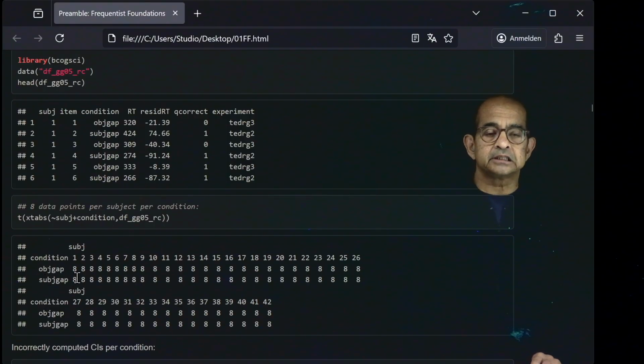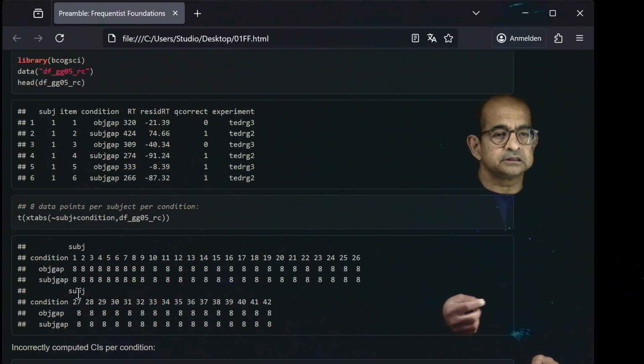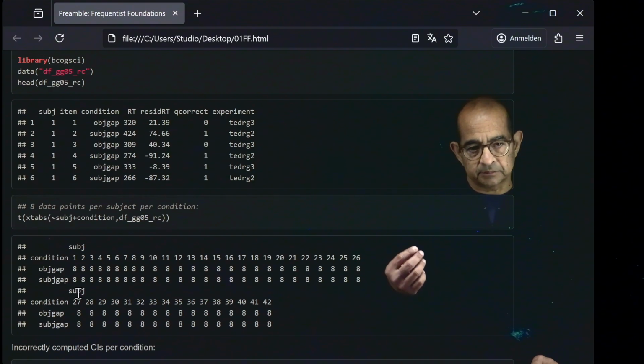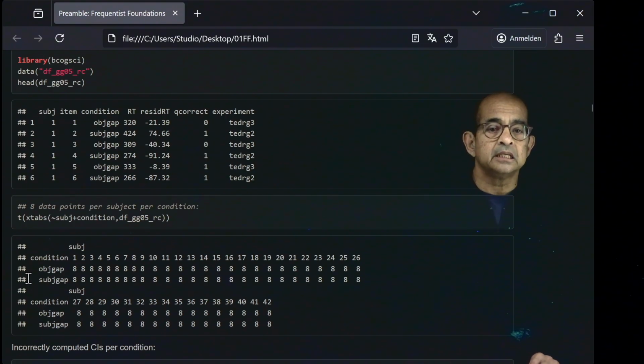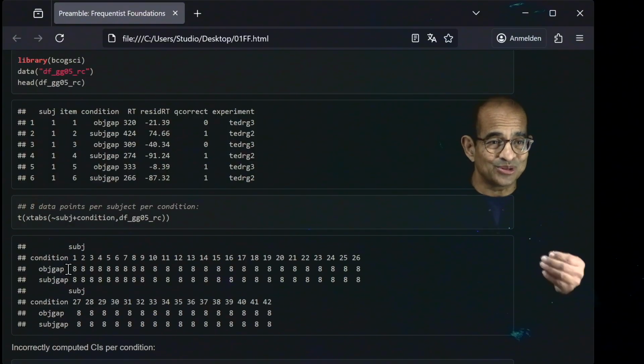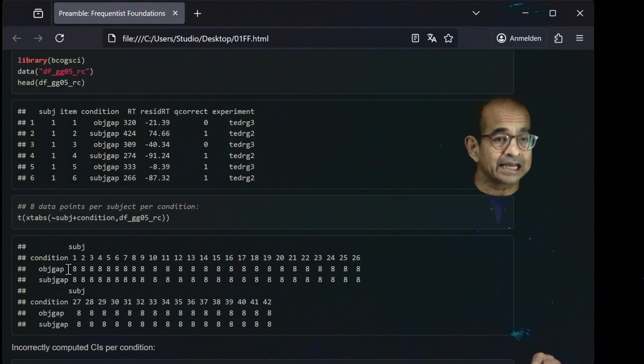So each subject is delivering 16 data points, 8 object gap condition data points and 8 subject gap condition data points. The implication of that is that these 8 data points that I'm getting from each subject in each condition are correlated. They're no longer independent, right? I can't just ignore that detail when I compute the confidence interval, okay?